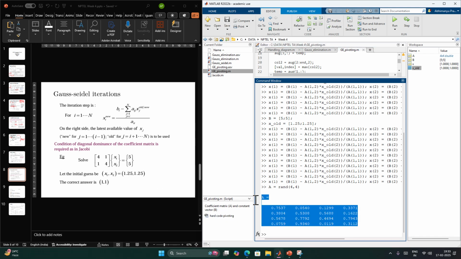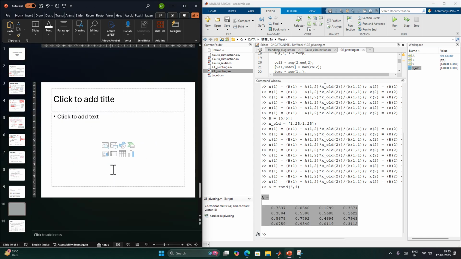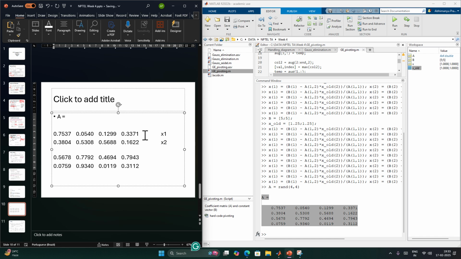So if I copy this matrix, let me make a new slide. So this one will be multiplied by x1, x2, x3, x4, right?